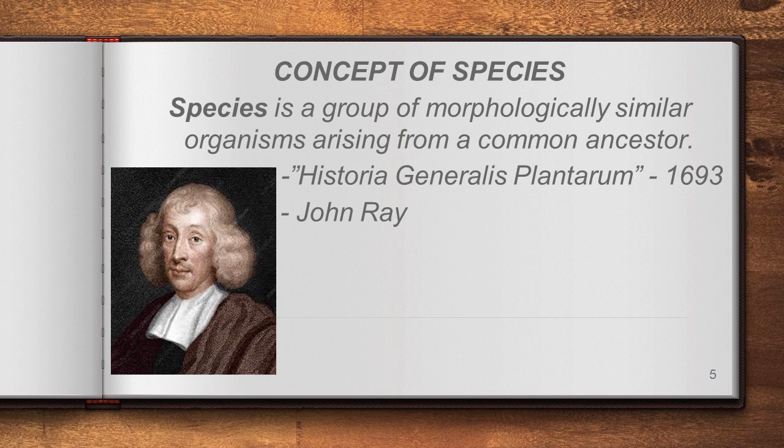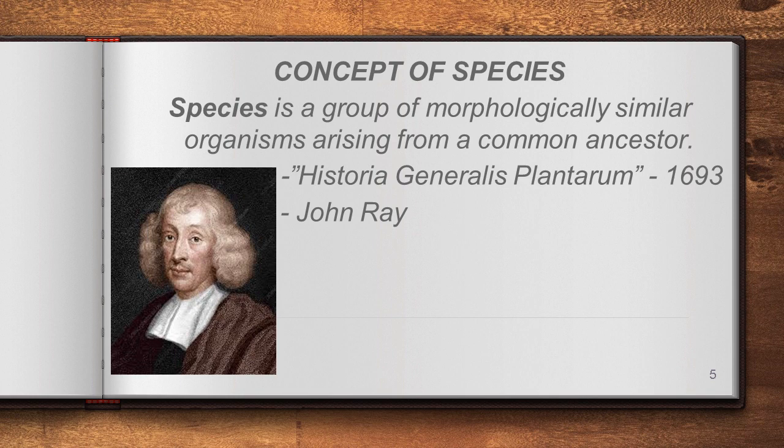If we say one species, it will be morphologically similar, and it may evolve from the same ancestor. For example, Homo sapiens are one species, evolved from Homo erectus.